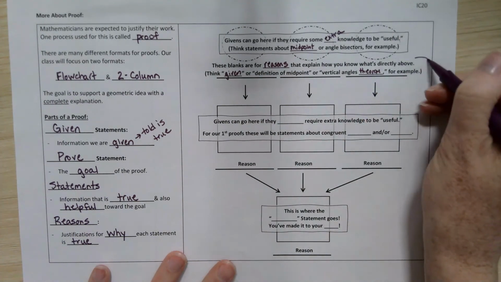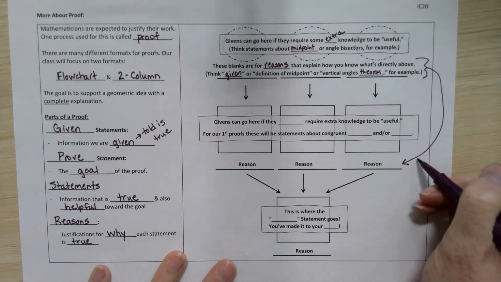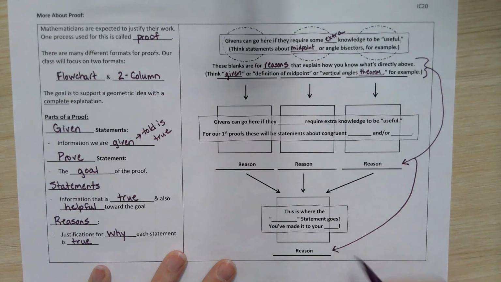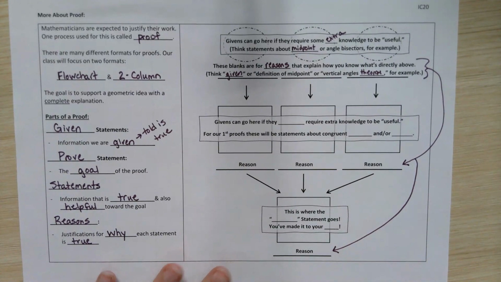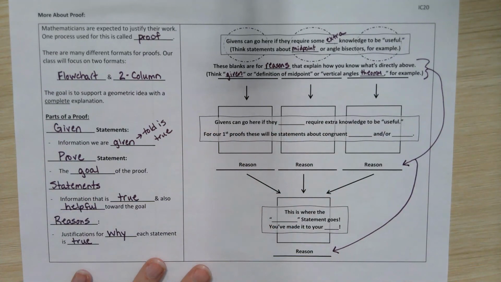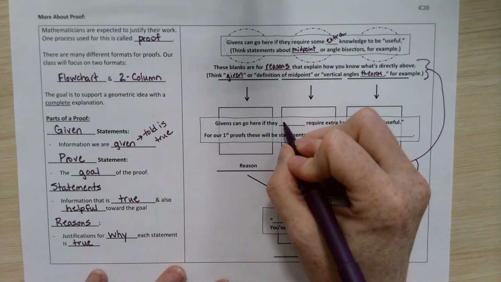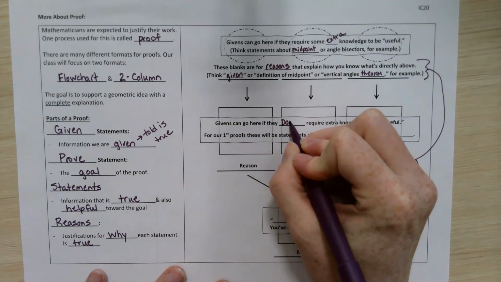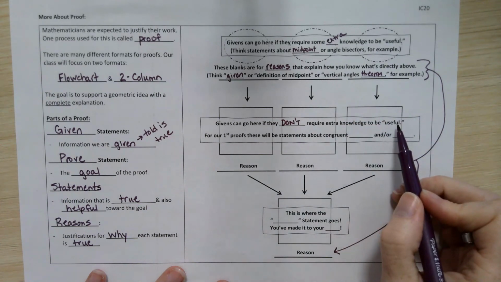The same information would be true about this set of blanks that are reasons and this reason at the end, okay? So then this middle section, these ones that we saw in our proof today, could be givens, and that would be the case if they don't require extra information, extra knowledge to be useful.